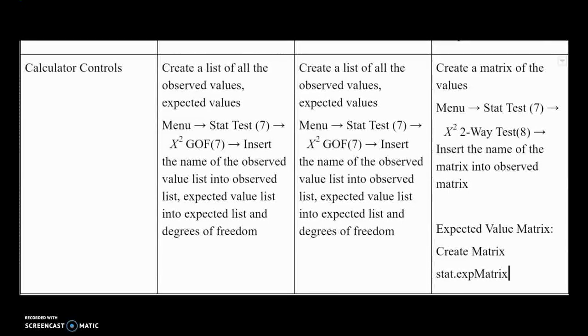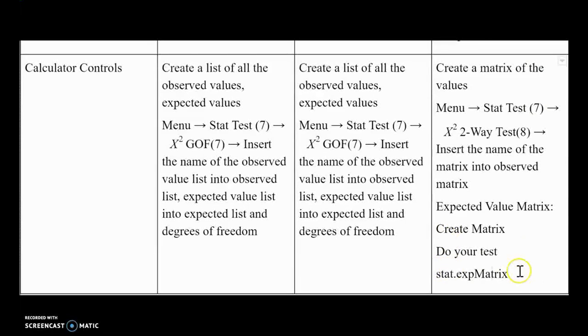But you can only do this once you have done your chi-squared two-way test, which is the only issue. So create your matrix, do your test, and then you can find your expected value matrix.